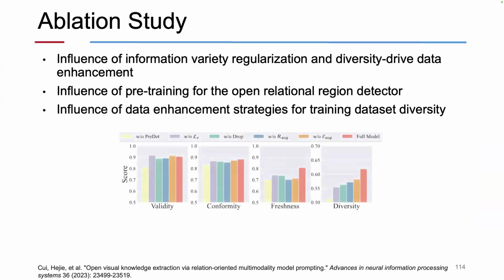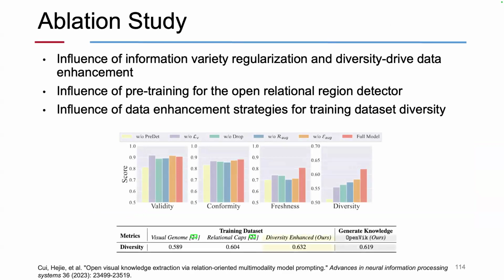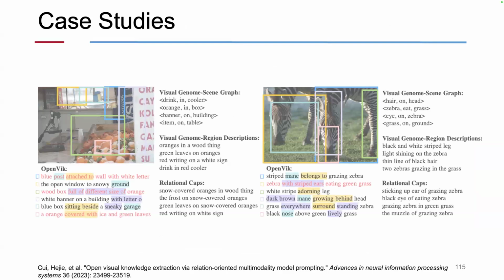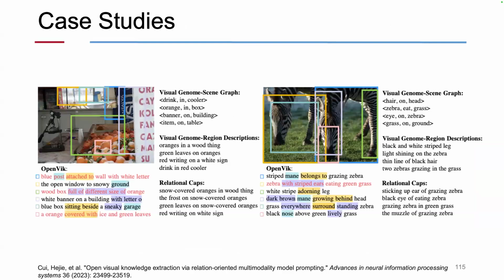Some other experiments show the benefits brought by several of the major model designs. Okay, so some interesting case studies as well. You can see we highlighted some of the terms, which are new entities we found from the image, not there in any of the existing knowledge graph embedding models or existing knowledge graphs.